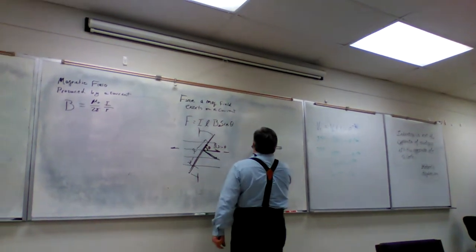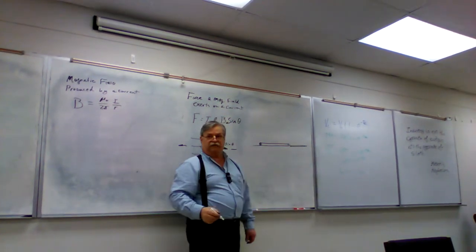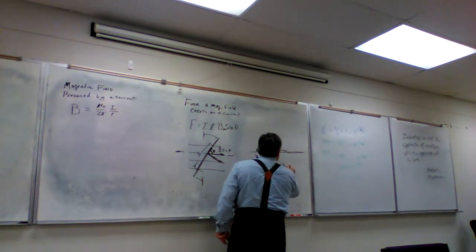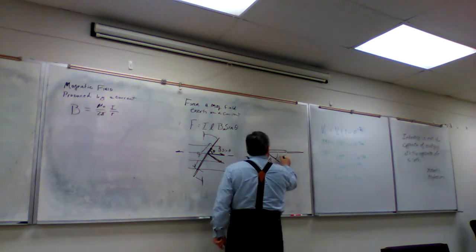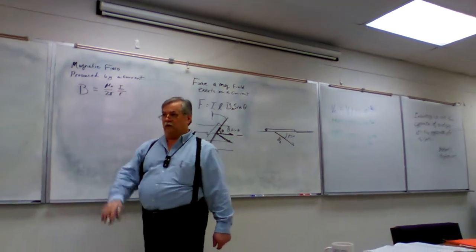But in this case, they've got the coil of wires laying flat on the ground, and the magnetic field, the Earth's magnetic field, going 57 degrees below the horizontal, pointing into the ground.